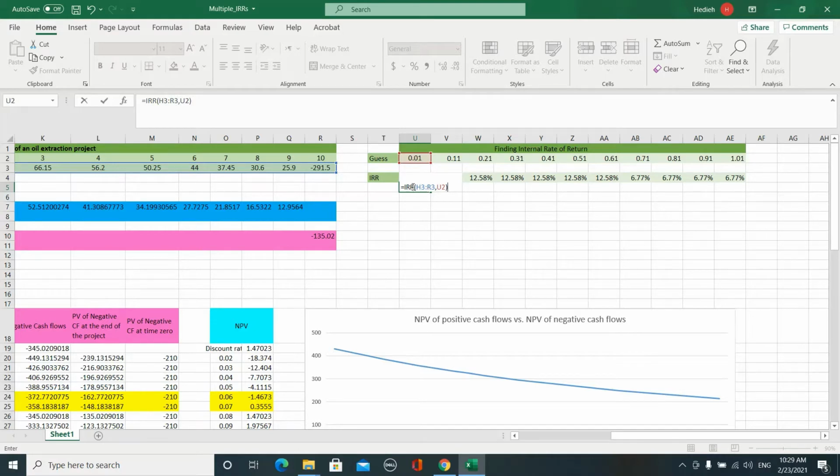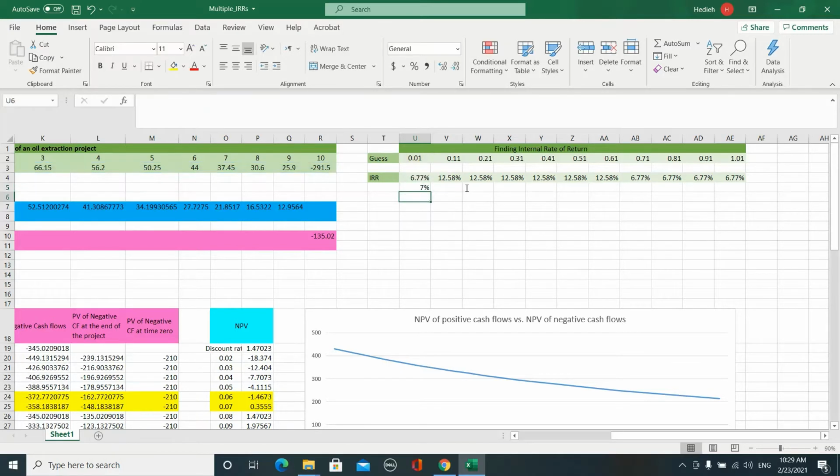Because I want to extend this formula later to other cells and I want the cash flows to be fixed in all the IRR formulas that I use in other cells, I put a $ before the alphabetic part of this cell and before the numeric part of the cells related to my cash flows. Okay, after that, I click enter.